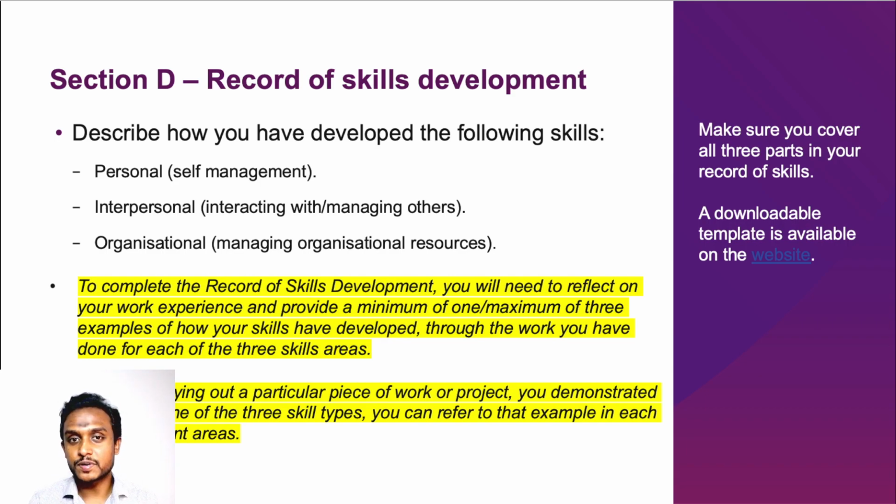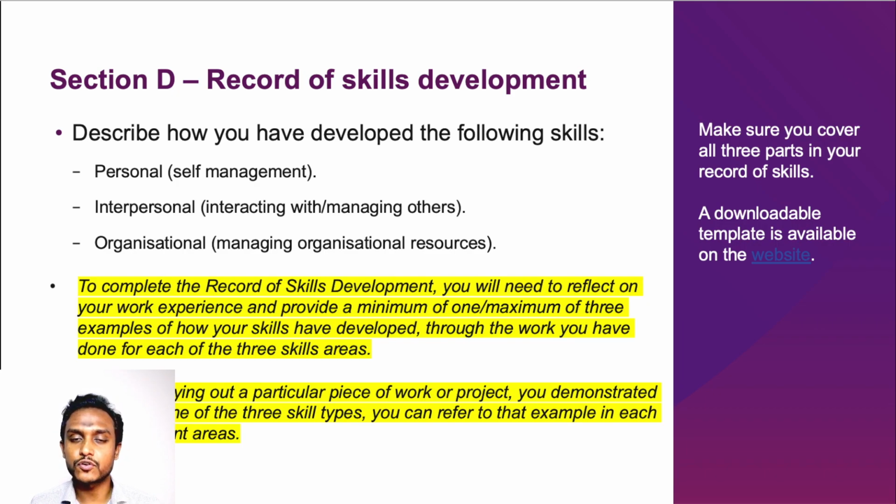The proof that you provide in how you improved and developed these three categories of skills is what is included in section D, or the fourth section of your existing requirement application. To complete the record of skills development, you will need to reflect on your work experience. So this is like a self-reflection statement.